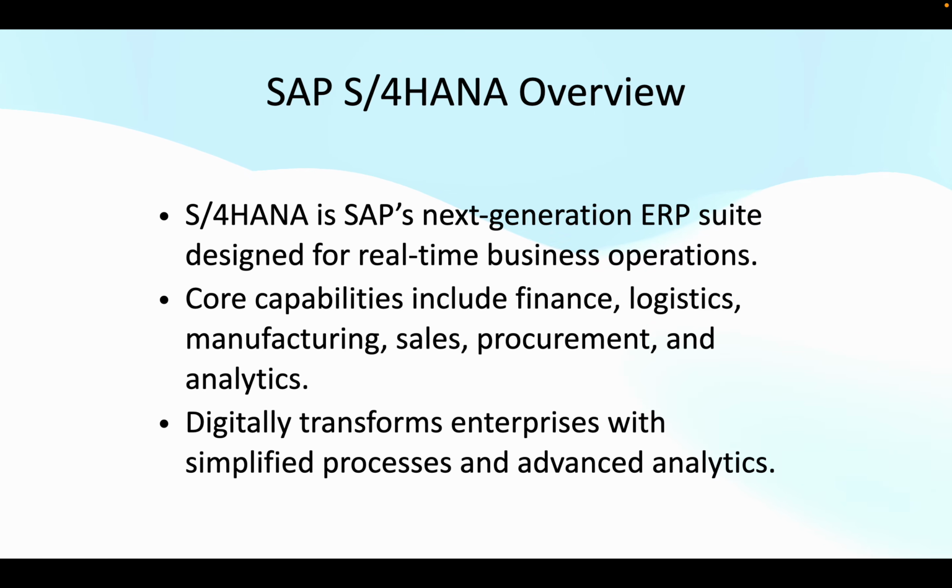Core capabilities include finance, logistics, manufacturing, sales, procurement, and analysis. Other than that, it addresses almost every enterprise challenge that we might face. It digitally transforms enterprises with simplified processes and advanced analytics.